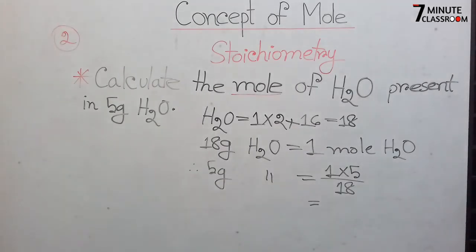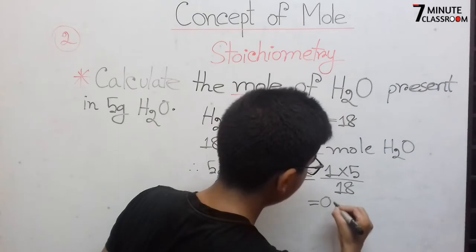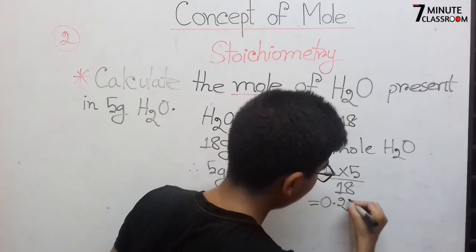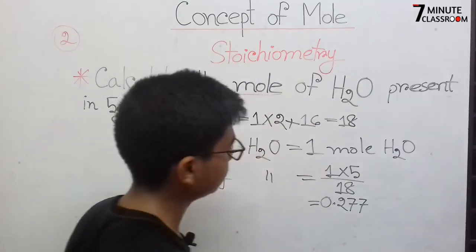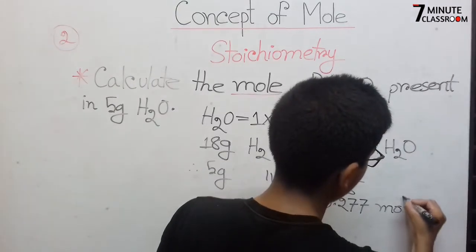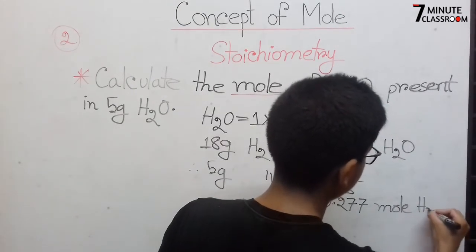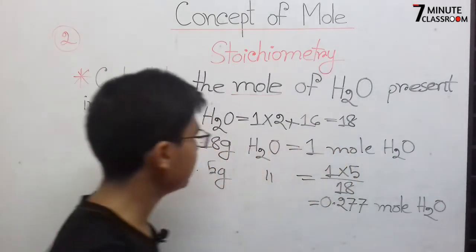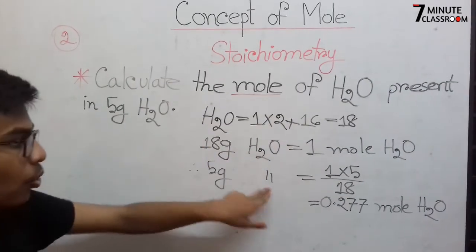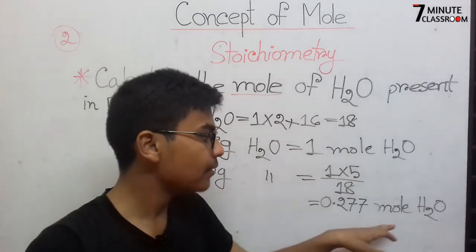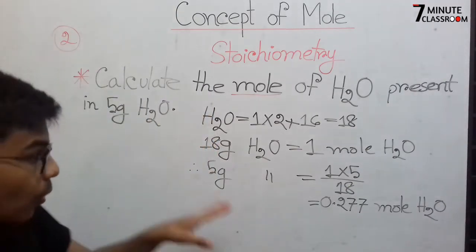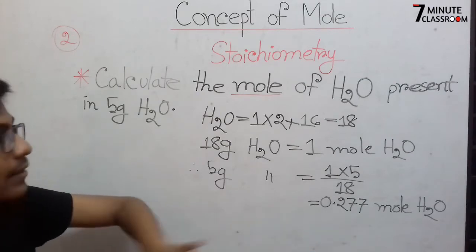It will be 0.277 mole H2O. That means in 5 gram H2O there is 0.277 mole H2O.